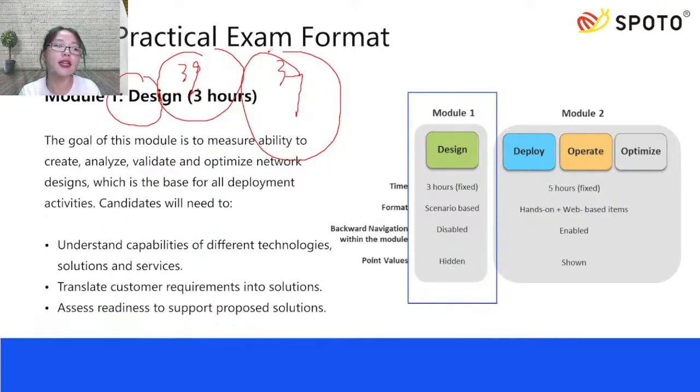And just like all of those exams, there is no backward navigation allowed. So after you answer the question, you won't be able to make any change or adjustment to your answers. So you must pay attention to this part. Are you clear about this part?